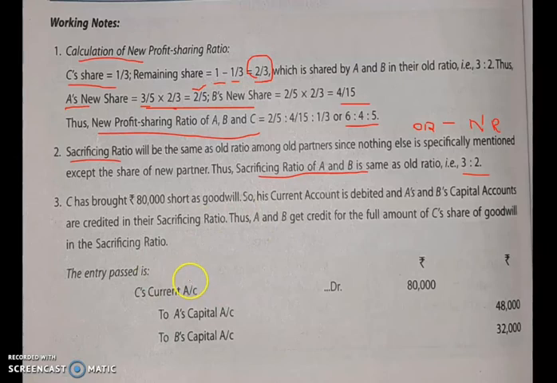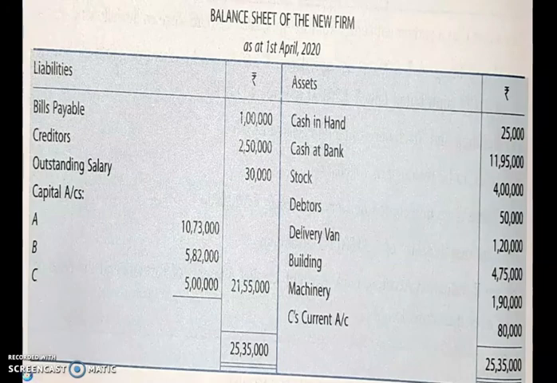So for the part of goodwill which he has brought in cash, we will debit the goodwill account or premium for goodwill account, and the part which he was unable to bring in cash, we have debited C's current account. Okay, C's current account is debited and the old partners will be credited.